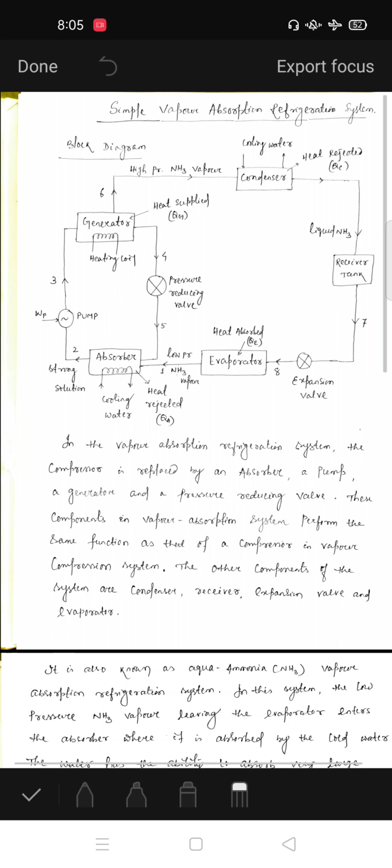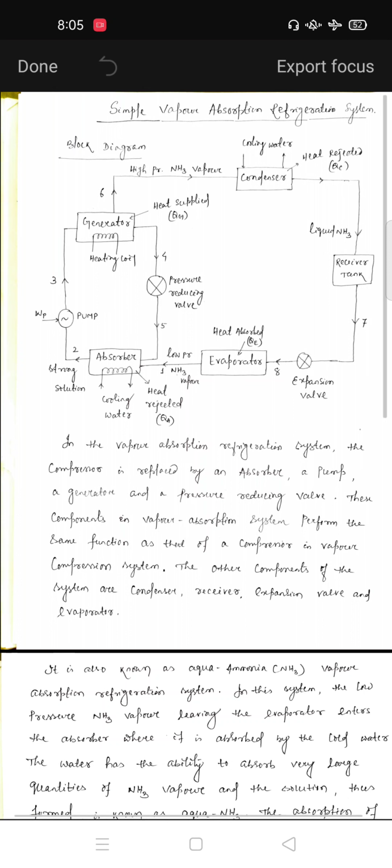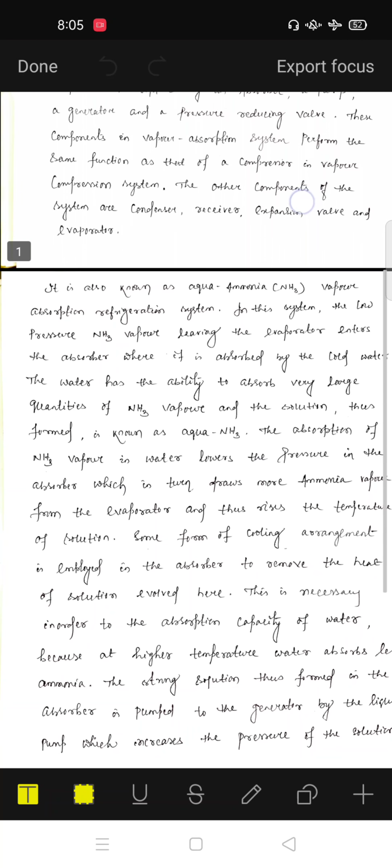It is also known as the aqua ammonia, means NH3, vapor absorption refrigeration system. In this system, the low pressure ammonia vapor leaving the evaporator enters the absorber.